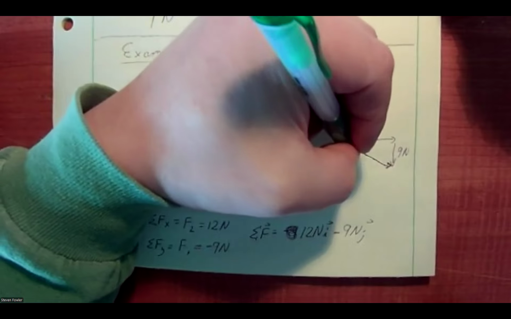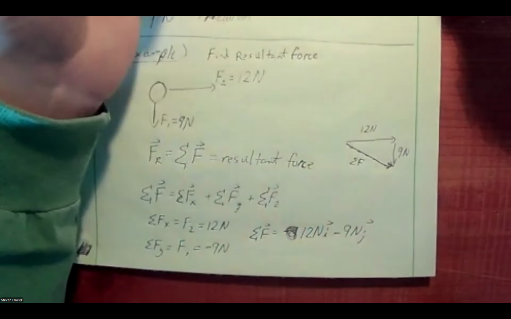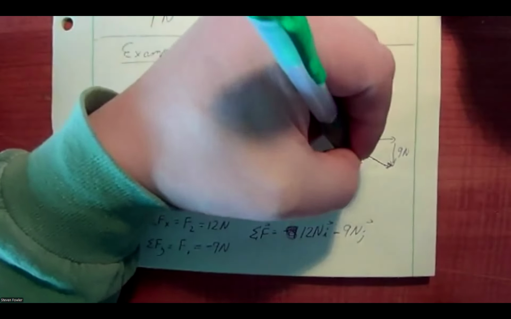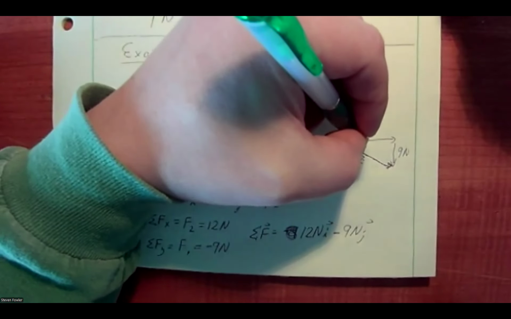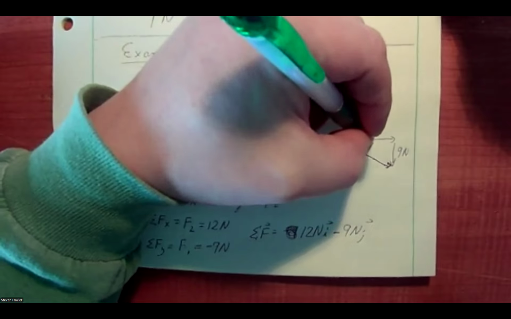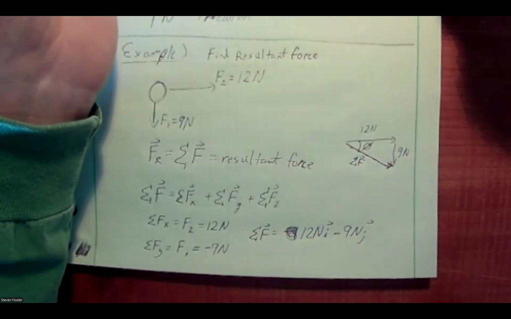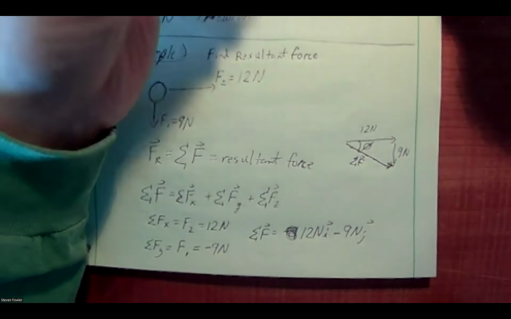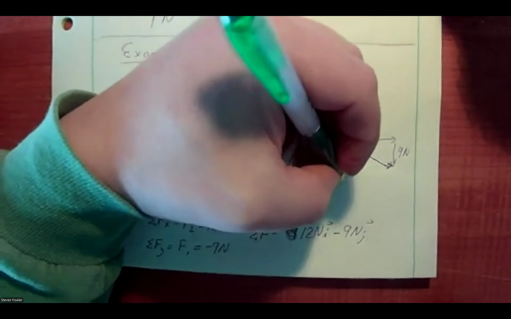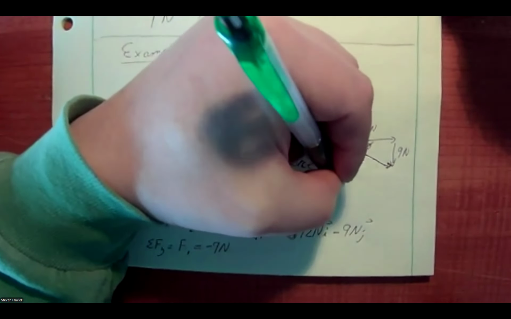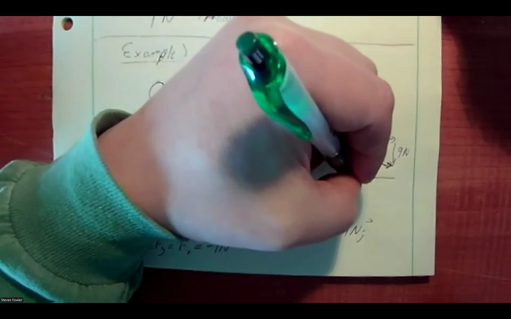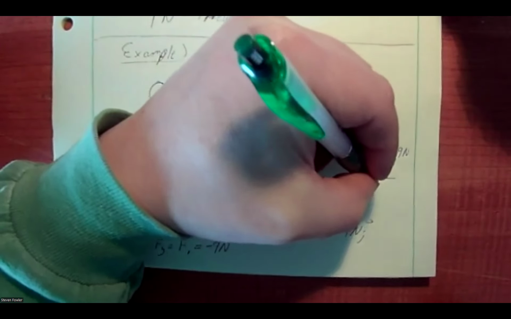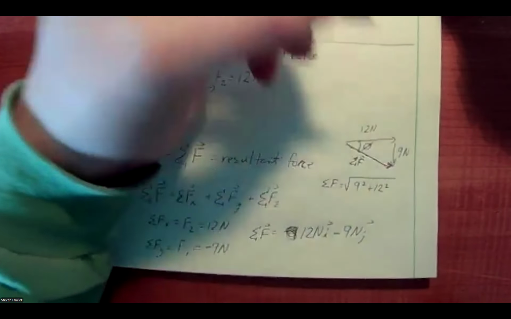And so this is my resultant force, sum of forces. And it's going to be at some angle. We're going to call this angle phi. To find the magnitude of the sum of those forces, that's going to be the square root of 9 squared plus 12 squared, or 12 squared plus 9 squared.